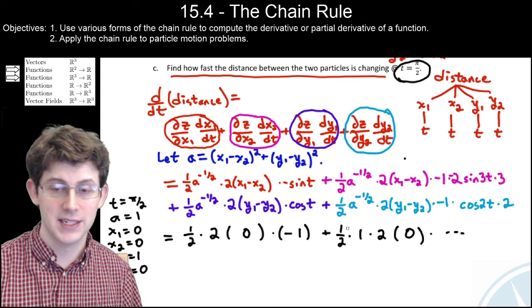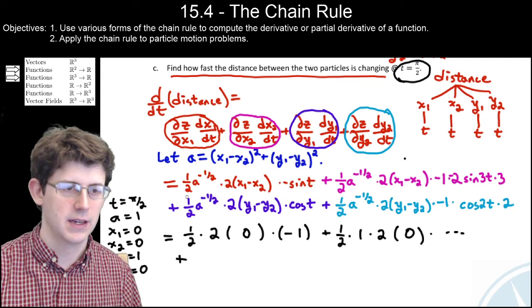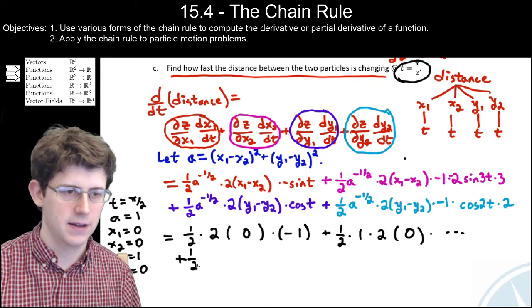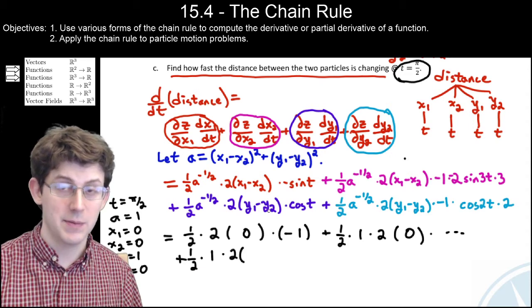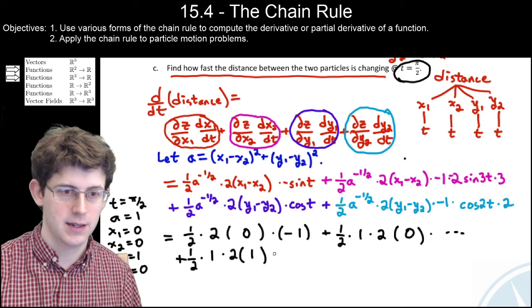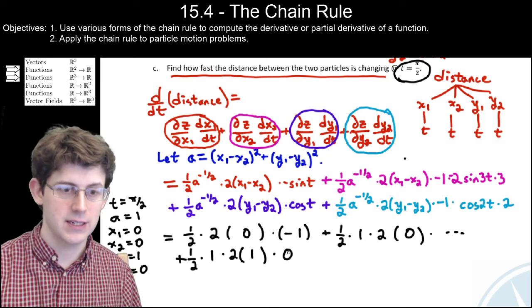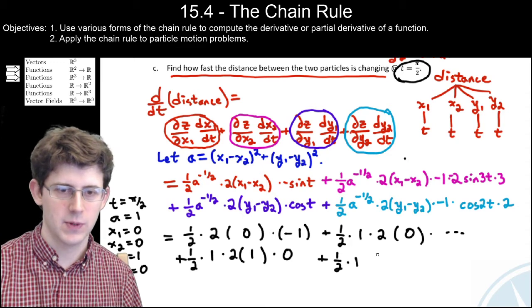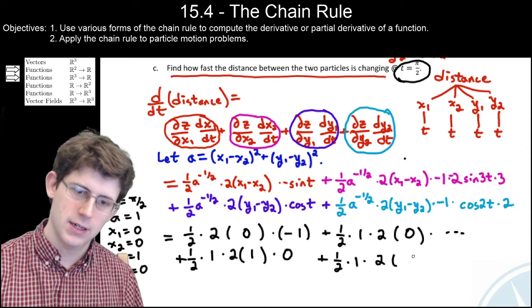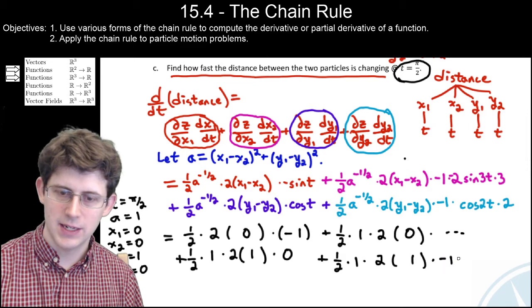Don't care what the rest of it is because that term is 0. The third term has 1/2 times 1 times 2. y1 minus y2 is actually 1, but cosine pi over 2 is 0.